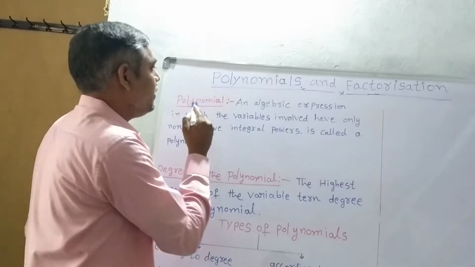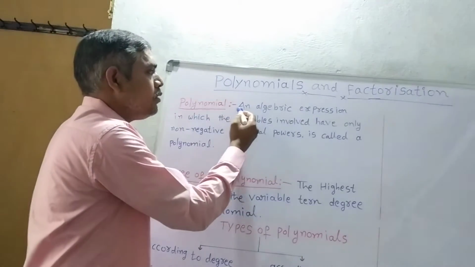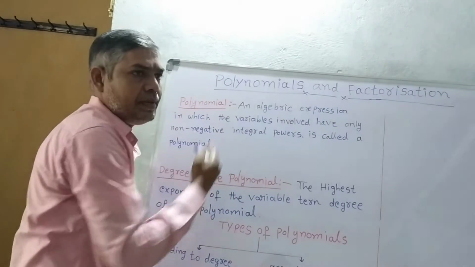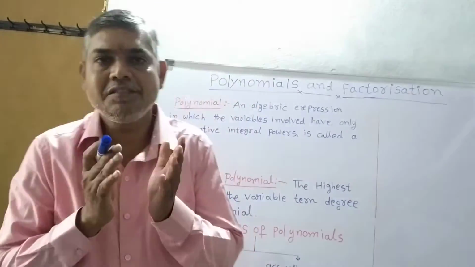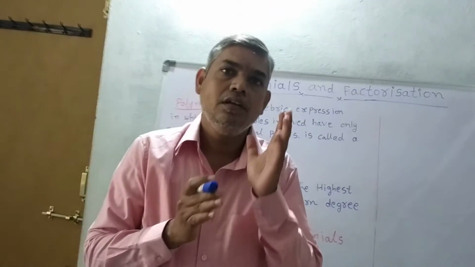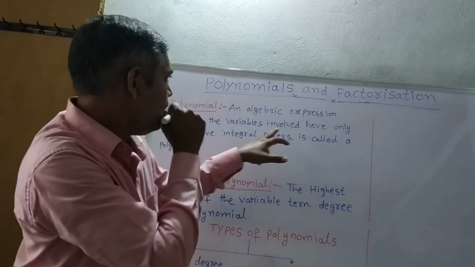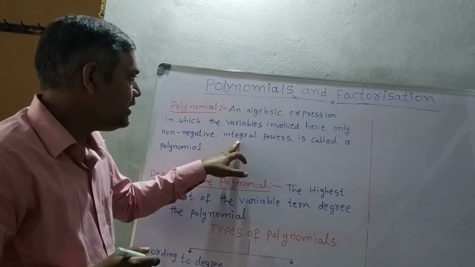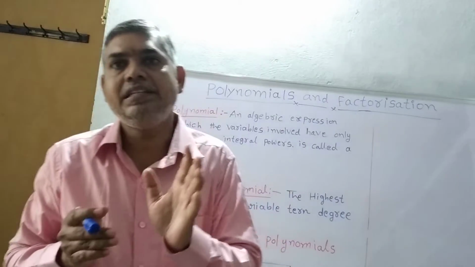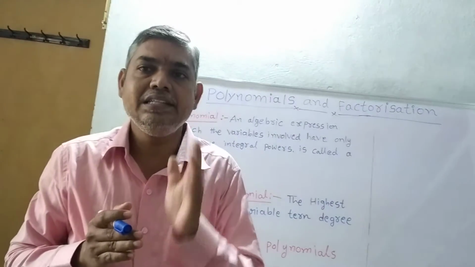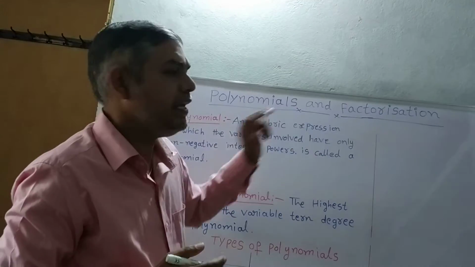To understand the definition, first we have to know what an algebraic expression is. An algebraic expression means an expression involving integers and variables. An expression containing integers and variables is called an algebraic expression.